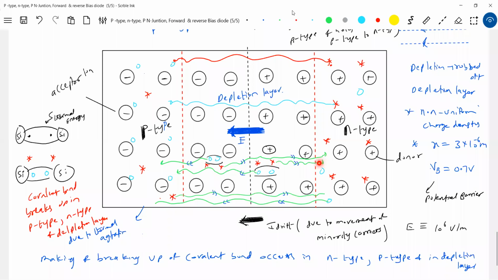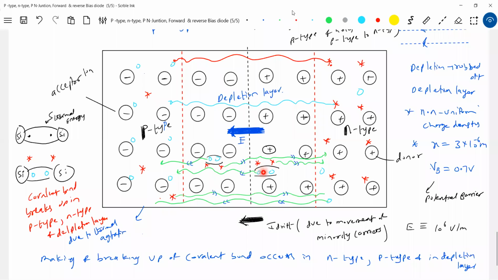They're the minority carriers. How does the making up occur? Suppose a covalent bond has broken up: the majority carrier which is moving here will be captured by this hole, and the majority carrier which is moving here in the depletion layer will be captured by this particular electron. Like that, the making and breaking up of covalent bonds will take place.